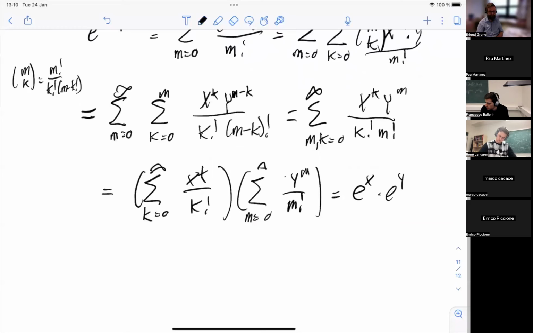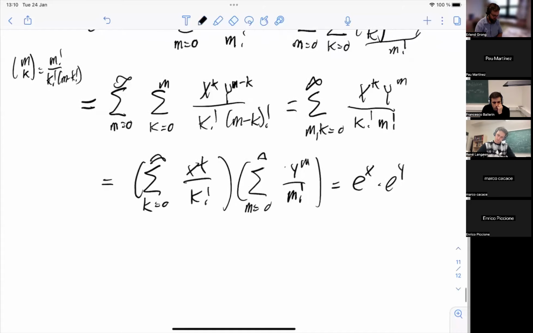So in this way, it's exactly the same as for the real numbers, because the difference between the algebra of matrices and the algebra of real numbers is just that matrices don't commute. If matrices commute, you can do exactly the same algebraic operations.